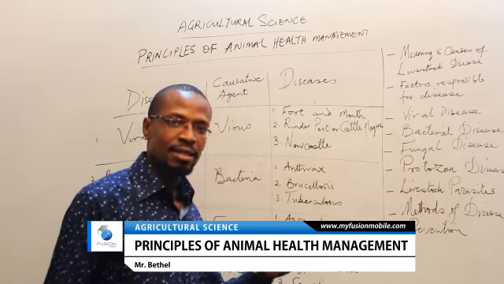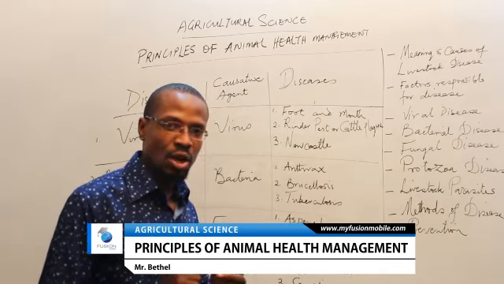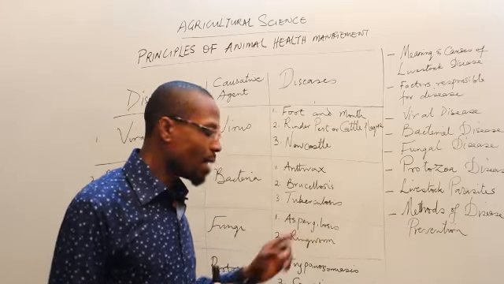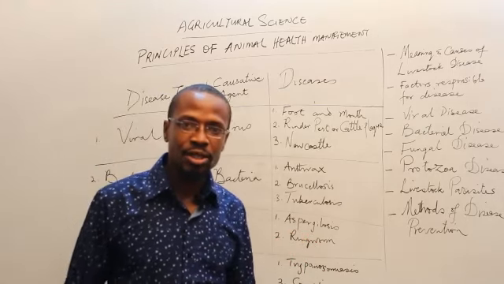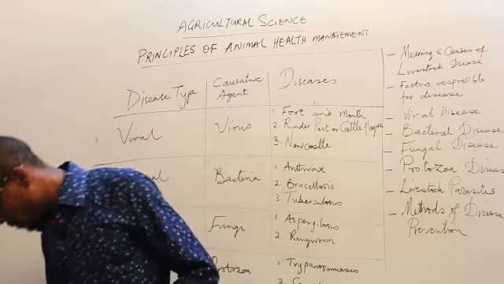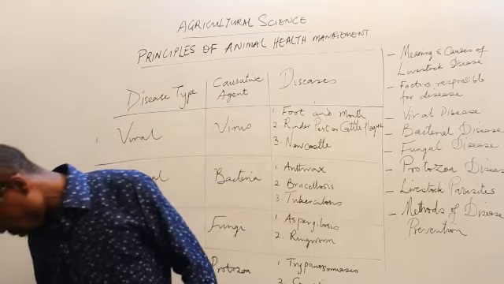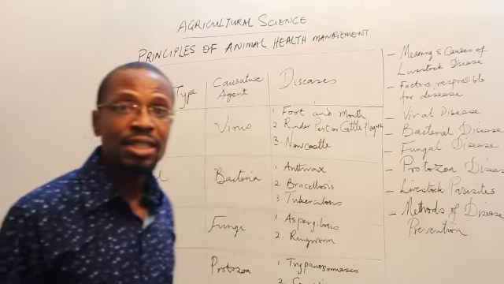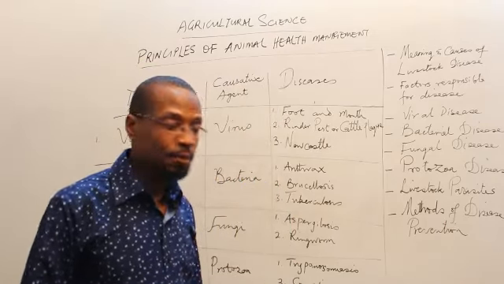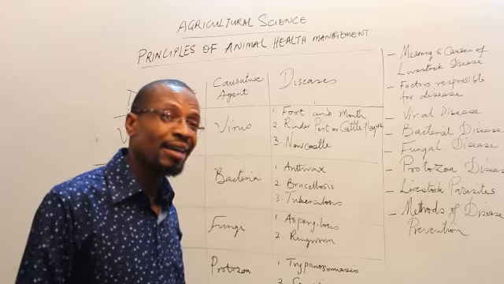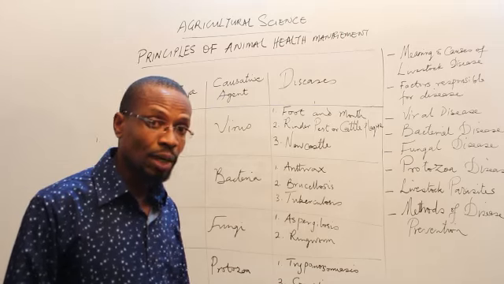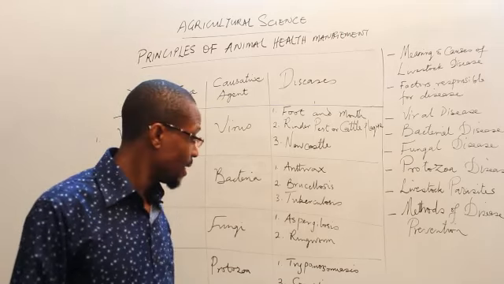Aspergillosis is marked by skin irritations on the animals, while ringworm is marked by skin irritations on the animals also. However, aspergillosis is a disease that is common to both poultry and cattle, and is also accompanied by high temperature and loss of body weight.